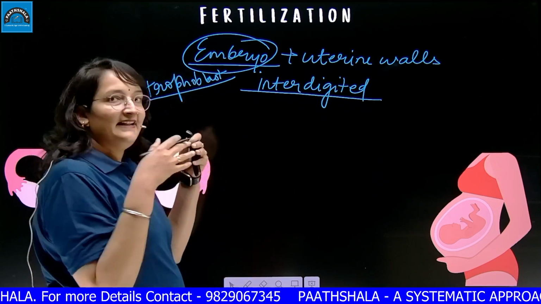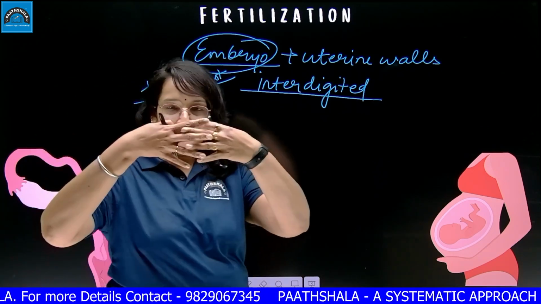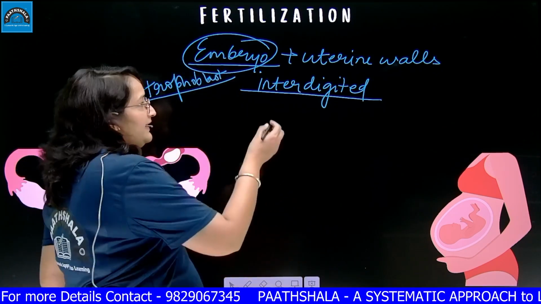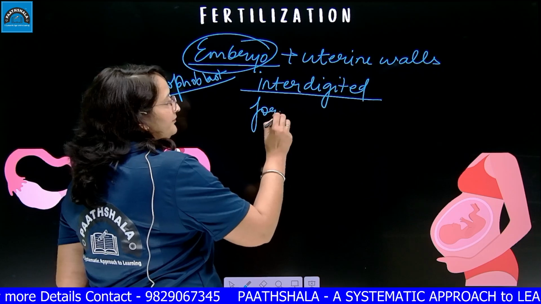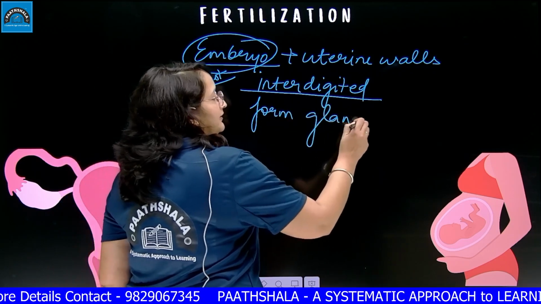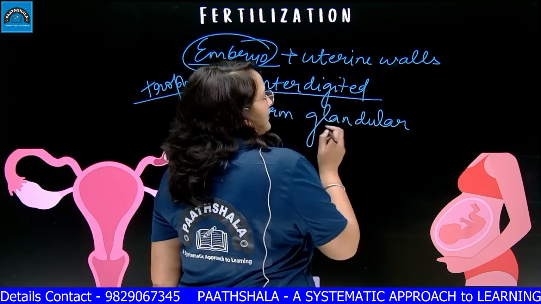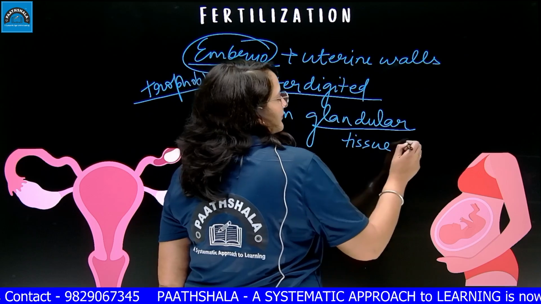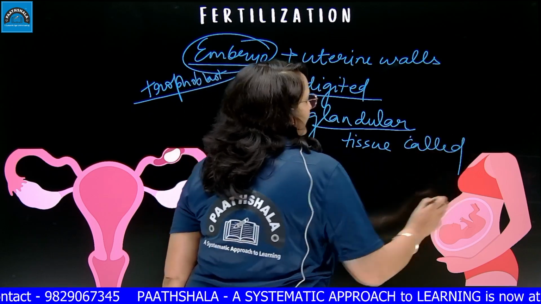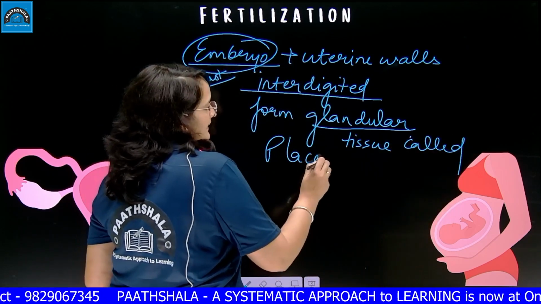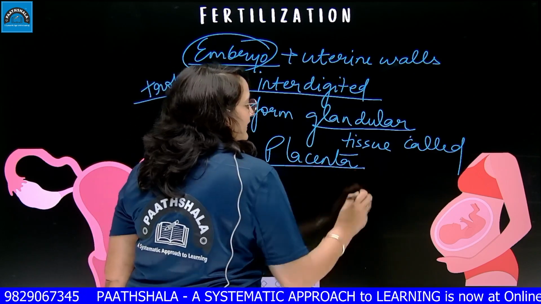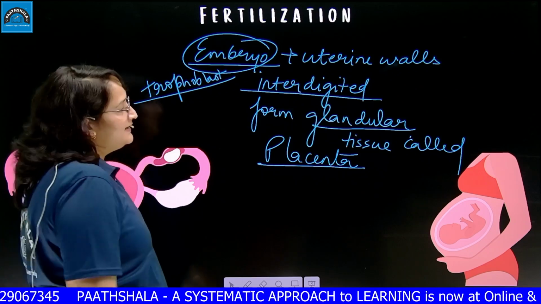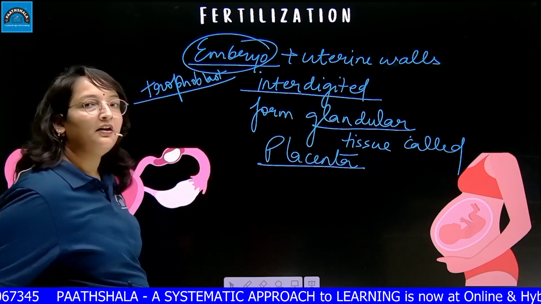They both get interdigitate. Interdigitate means like this, they get connected, and when they get connected, they form a glandular tissue called placenta. Placenta, right? The embryo is surrounded by a glandular tissue called placenta.